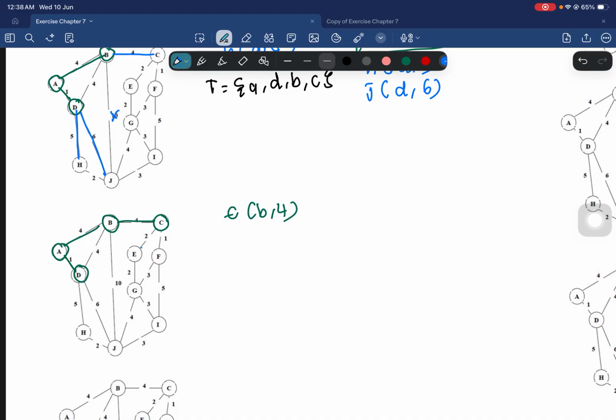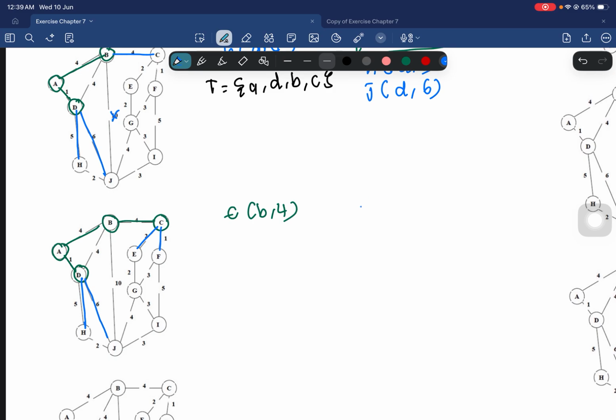So C is connected to E. C is also connected to F. D is connected to H. D is also connected to J. And J is also connected to B, but the connection to D is shortest. Right.